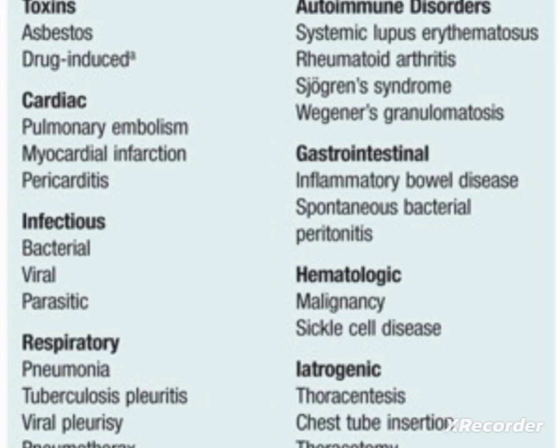Then infectious causes, mainly bacterial, viral, fungal, and parasitic infections, may all cause pleurisy. Then respiratory etiologies like pneumonia, tuberculous pleuritis, viral pleurisy, and pneumothorax. Pneumothorax means air in the thorax.